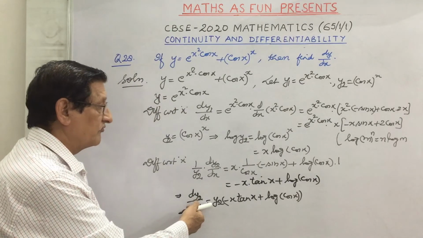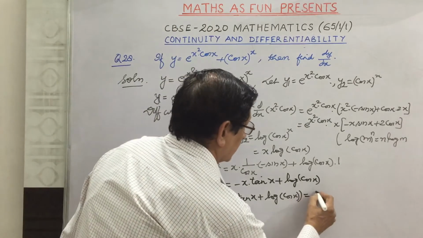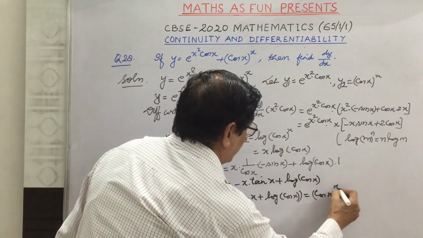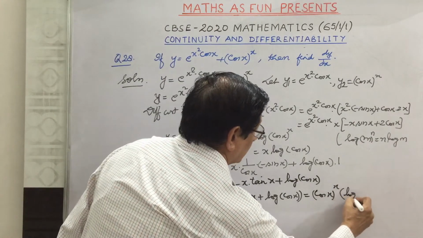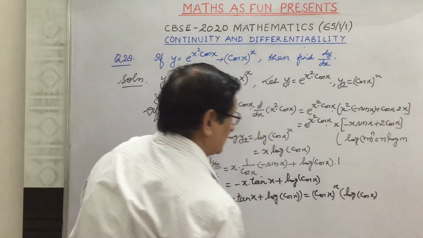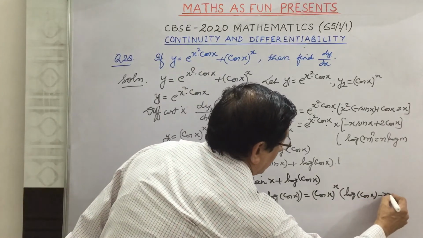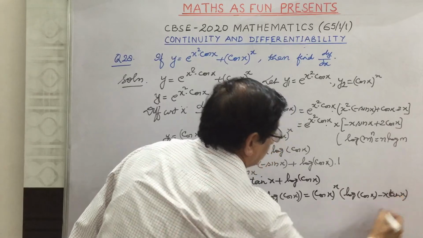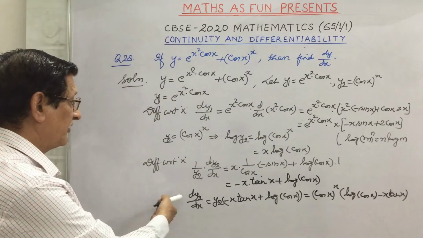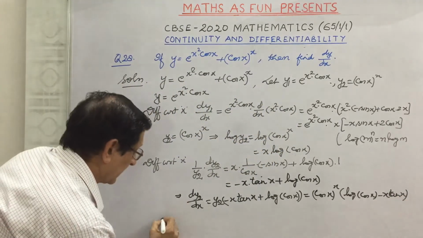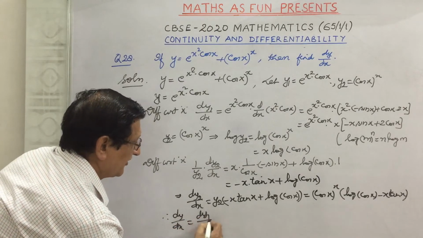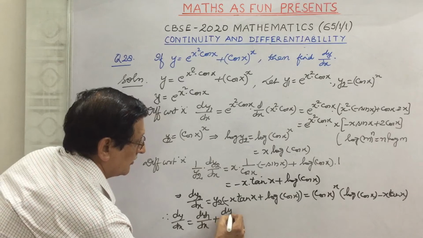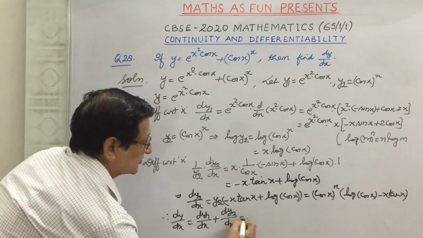and y2, we know the value of y2, that is we can write cos x whole power x into log of cos x, first we can write the positive part, minus x tan x. This is the derivative of y2. Now we can write, therefore dy by dx is equal to dy1 by dx plus dy2 by dx.